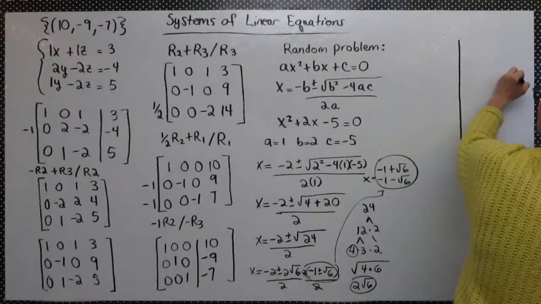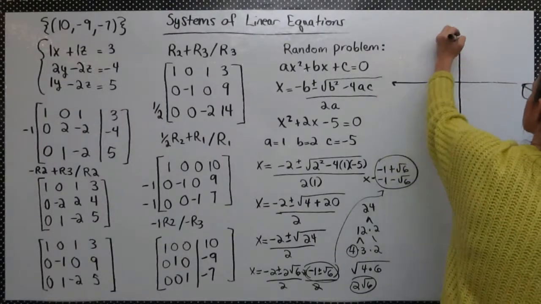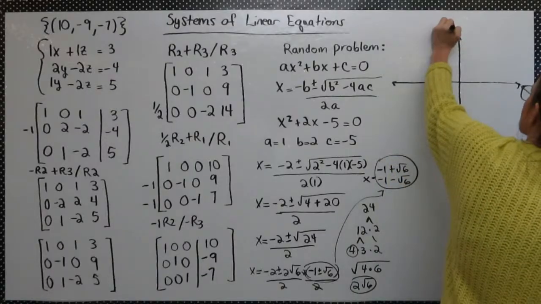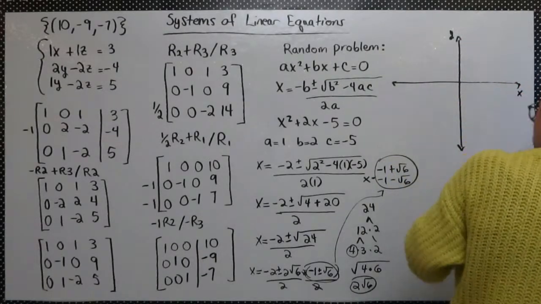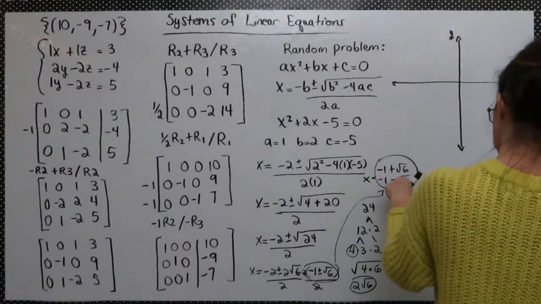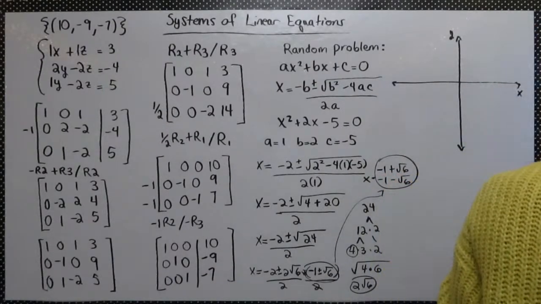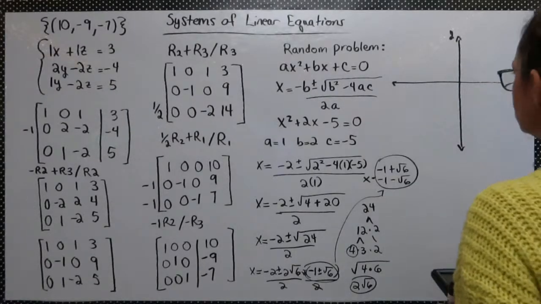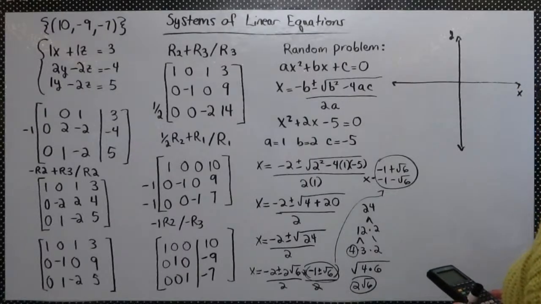So if I want to get a good idea of where this graph is existing in the Cartesian system, what I need to do is figure out what -1 plus radical 6 is. So let's get the calculator out for the decimal approximation of radical 6. I know it's between the other two perfect roots. So the square root of 4 is 2, and the next perfect root would be 9.